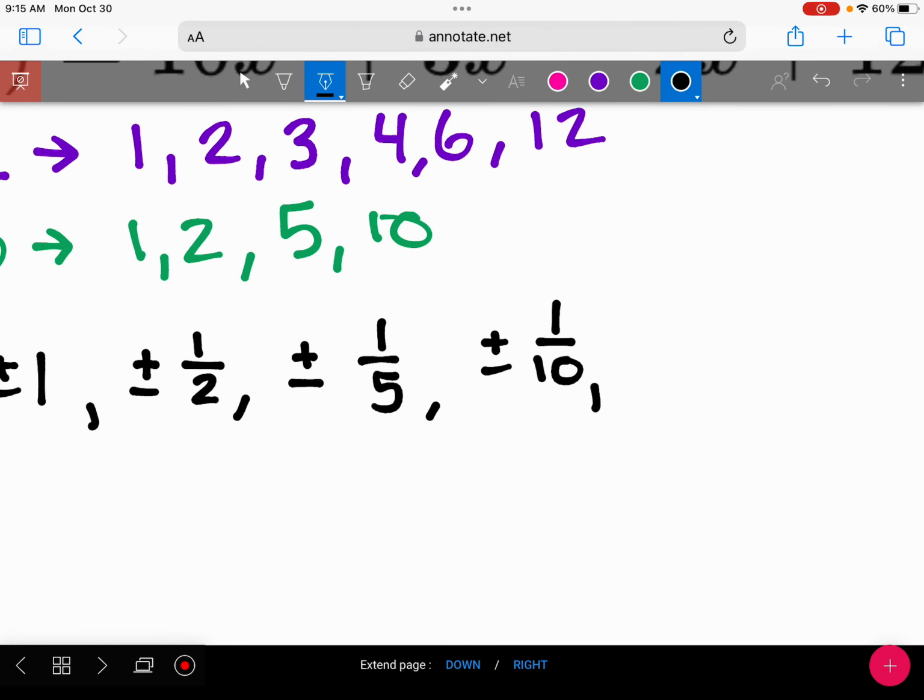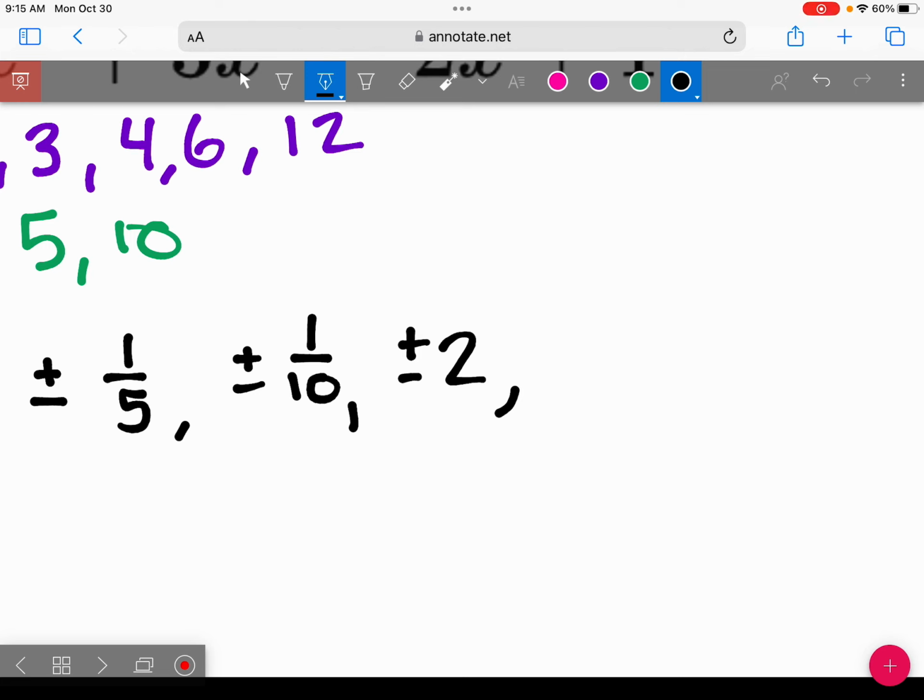So then I'm going to use my next factor of p. So 2. 2 over 1. Well, that's just 2. 2 over 2. That's 1. It's already on my list. 2 over 5. That one's new. So we're going to put plus or minus 2/5. And 2 over 10. 1/5, already in my list. I don't need to write it down.